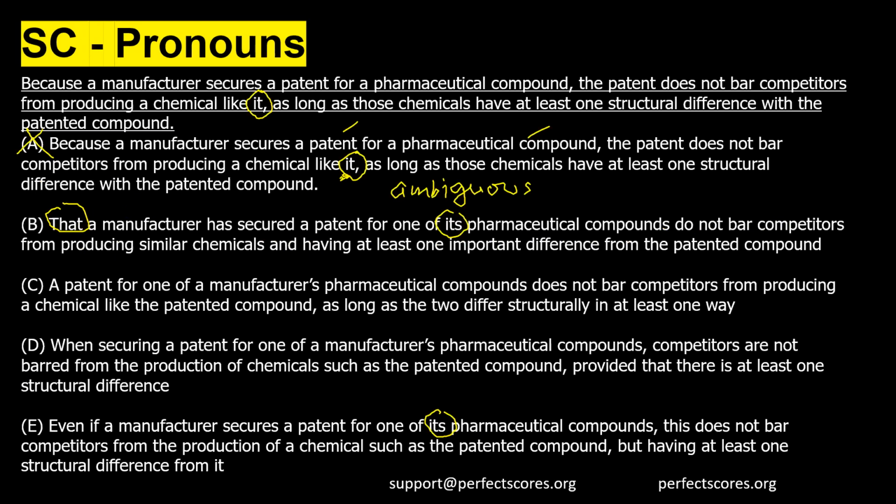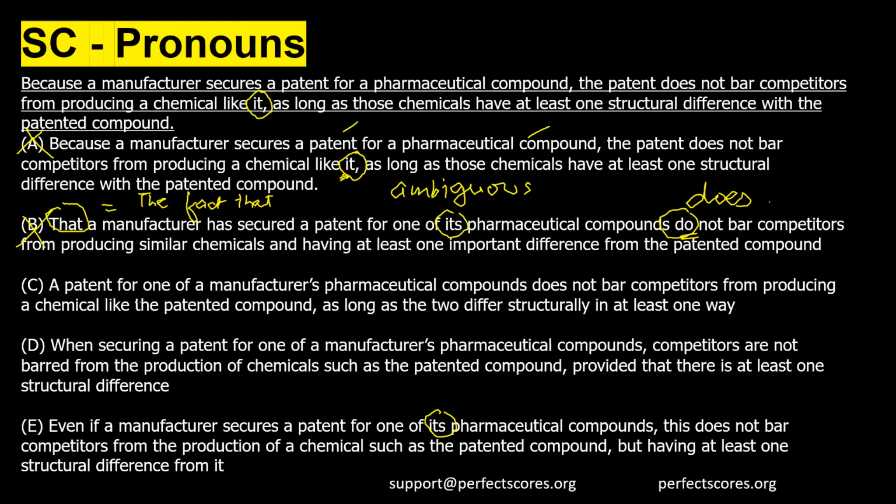Even if you're using that, this should have been a does. So basically that is equal to the fact that. The fact that a manufacturer has secured a patent for one of its pharmaceutical compounds does not bar competitors from doing something. So B is also eliminated because of this that and because of the do.